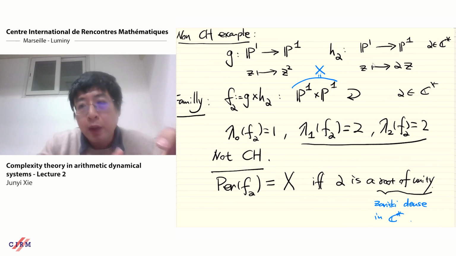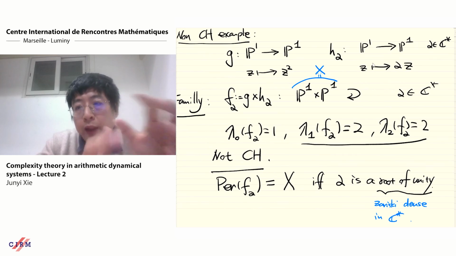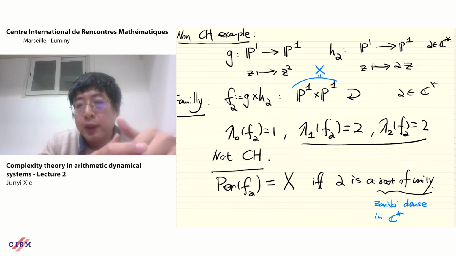In fact it's a family of examples, and in this family, they are all rational self-maps in dimension two, and they do not preserve any fibration. I see. And it is non-cohomologically hyperbolic, but some of them have a Zariski dense orbit, and some of them do not have a Zariski dense orbit.